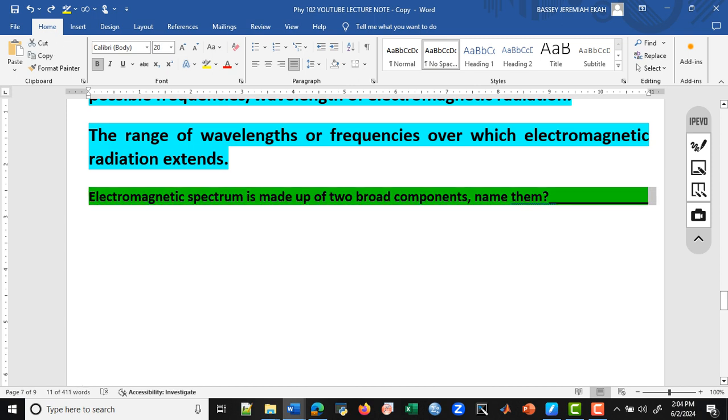This one says, electromagnetic spectrum is made up of two broad components. Name them. What are the components of the electromagnetic spectrum? We have the long wavelength and the short wavelength. So those are the components.